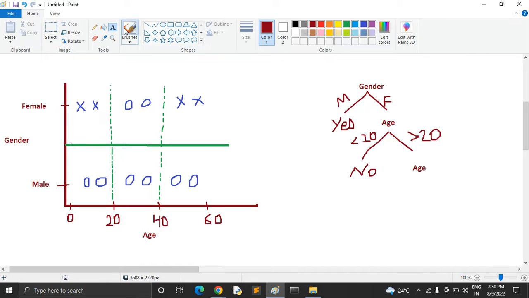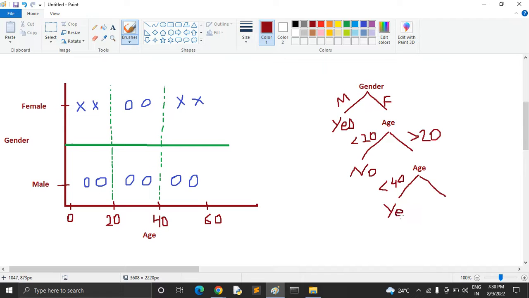And what that would be is age less than 40 and greater than 40. If the age is less than 40, definitely they will like the movie.